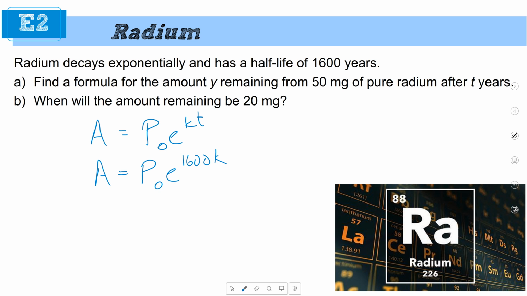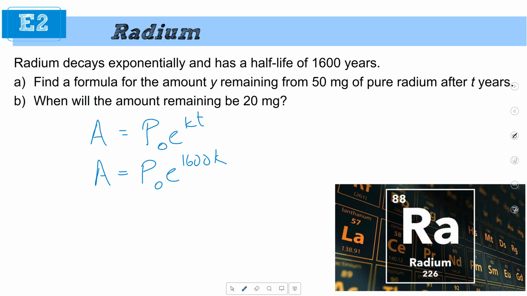How do I know? Well, I know that if I start with some quantity, and you can decide how you want to approach this, you can make up a quantity. Forget about problems A and B, by the way. I'm just dealing with the first line. You could just make up a quantity and say, I have 100 pounds of radium laying around. After 1,600 years, how much radium will I have? I'll have 50 pounds.